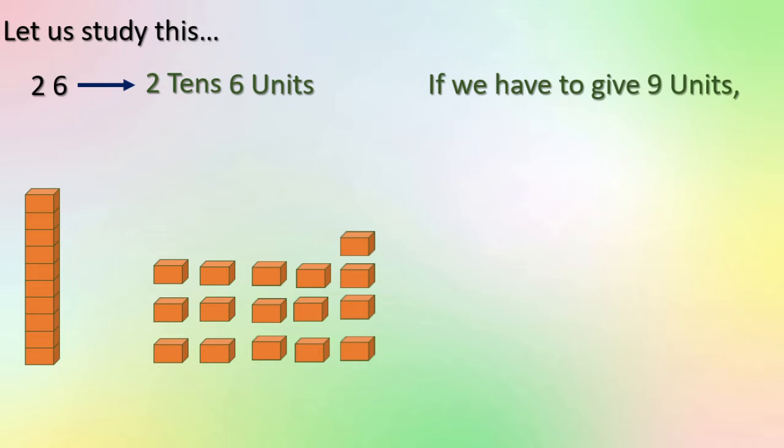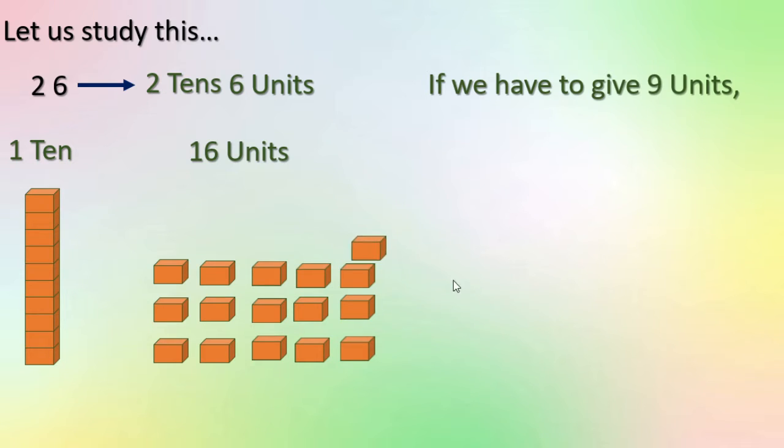These are total 16 units, isn't it? This is 1 ten and here we can see 16 units because 6 units were already there and we have untied 1 ten, so we got 10 units. Together make 16 units. Now it is very easy to give 9 units to someone from 16 units.